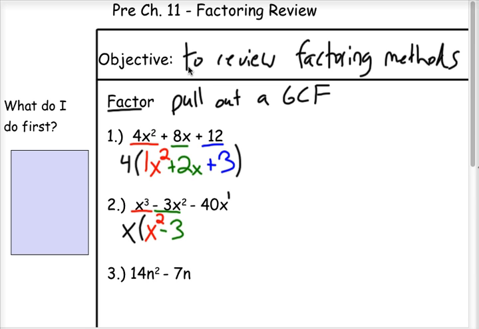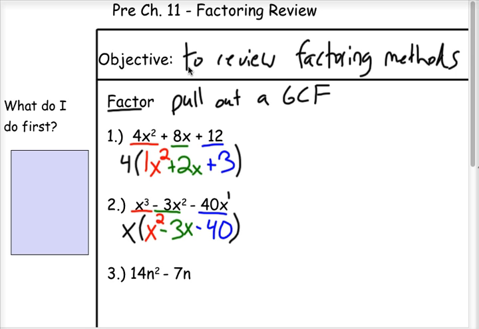Then I have x squared, but remember, I'm pulling one of those out, so 2 take away that 1 just leaves me with x to the first. Then finally, our last term, we have 40. Then I'm starting with x to the first. I'm pulling out the only one that I've got there, so the x actually just disappears.